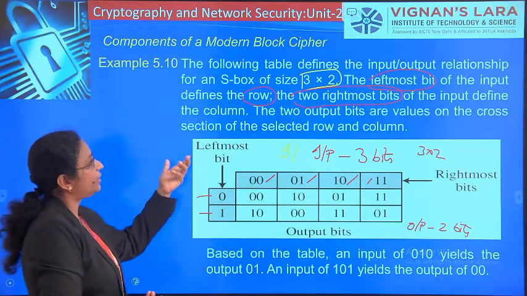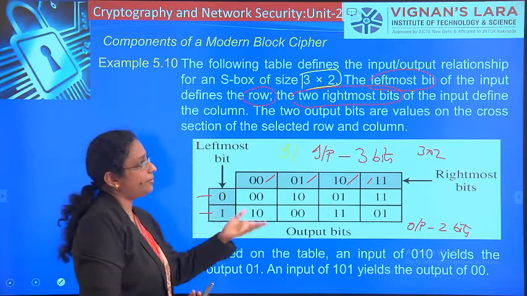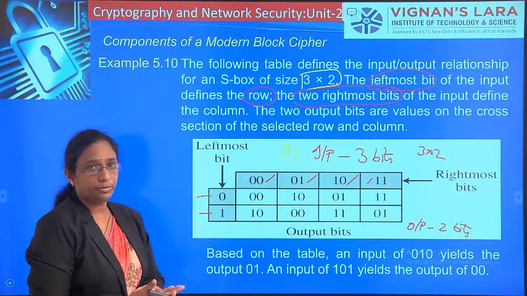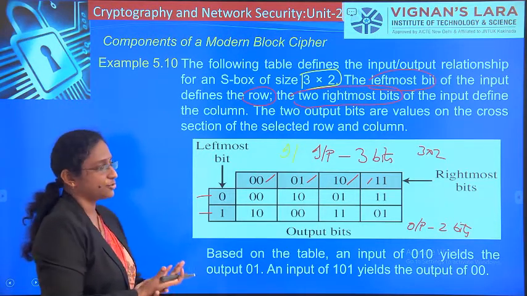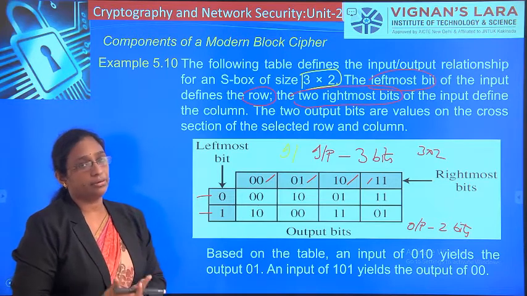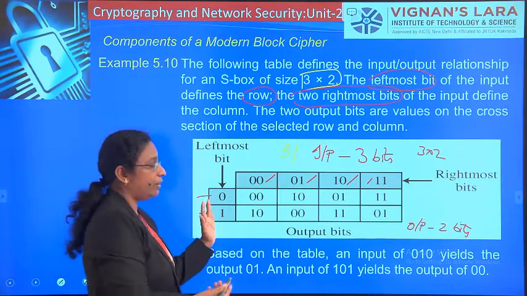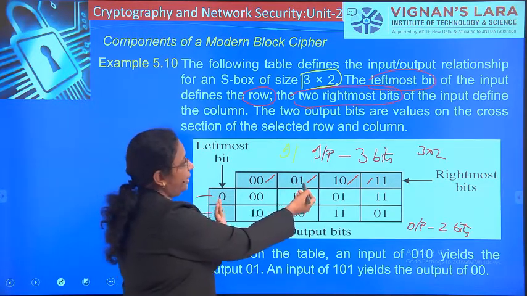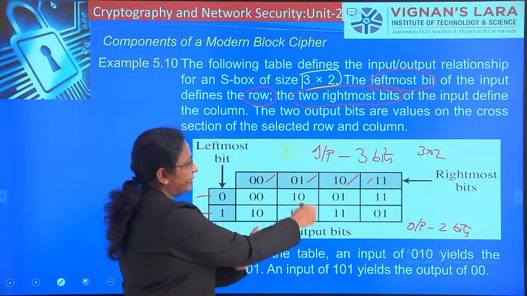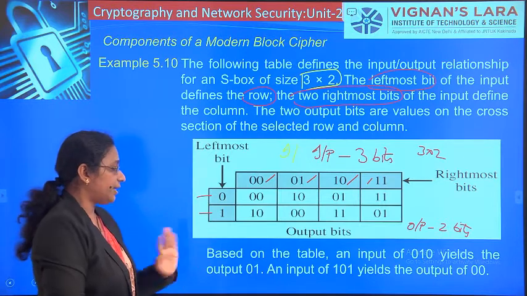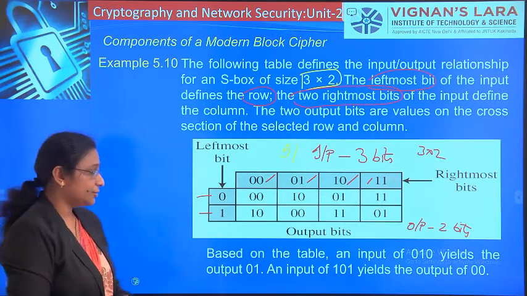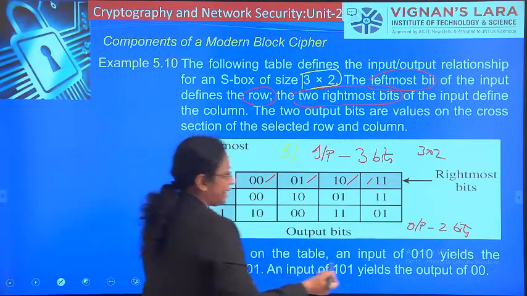The two output bits are the values at the cross section of the selected row and column. Whatever row and column we get, we select that particular element.